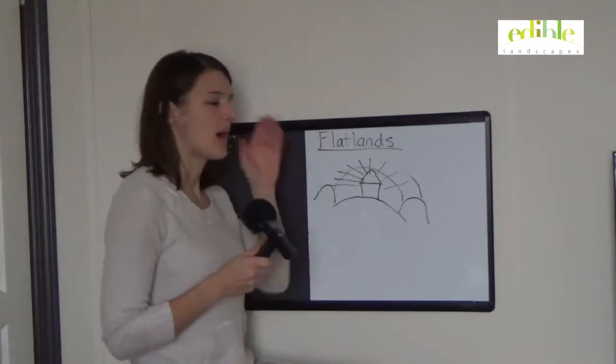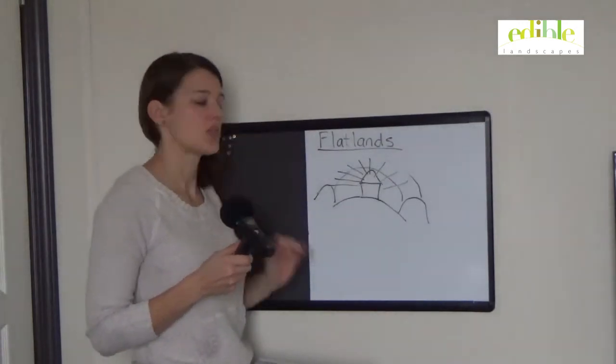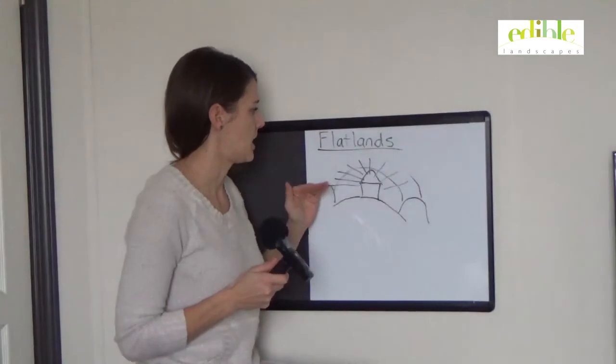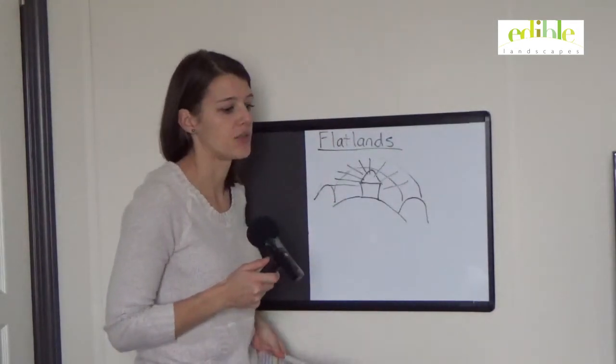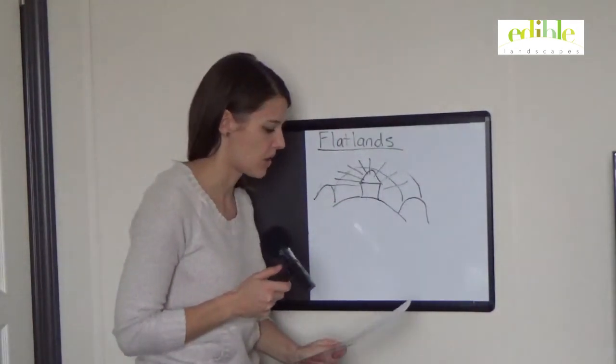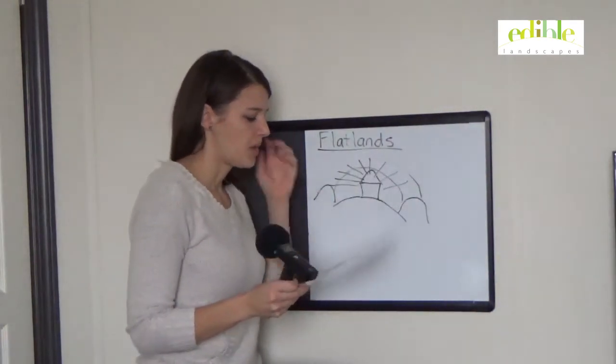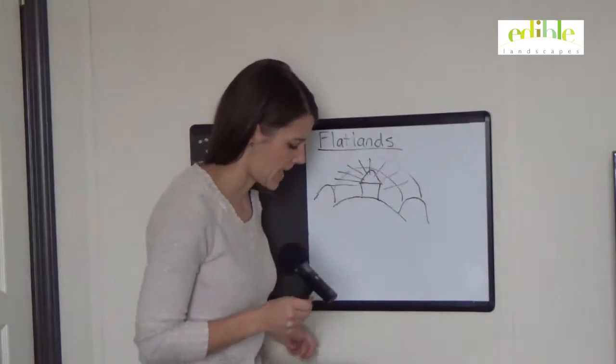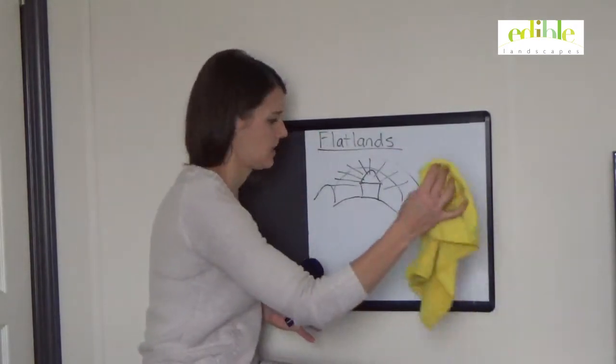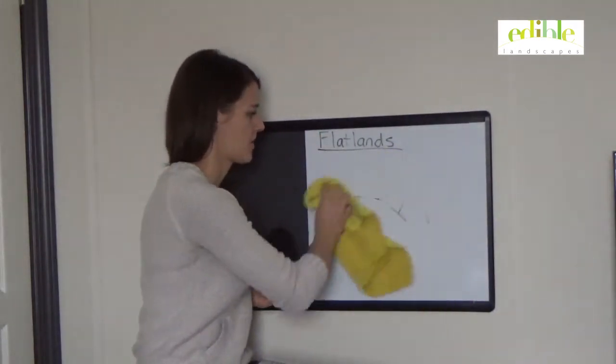That kind of shows you how we have a tremendous creative opportunity in the flatlands that we might not have if we have a little bit more of a slope. So on a slope, you would typically plant, this one's definitely going to need a drawing here.